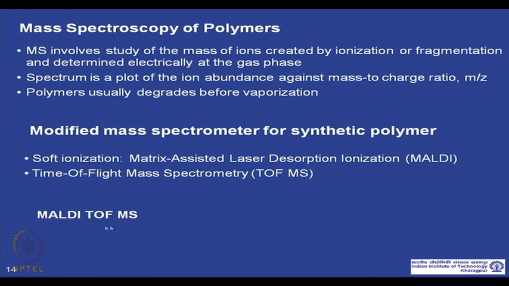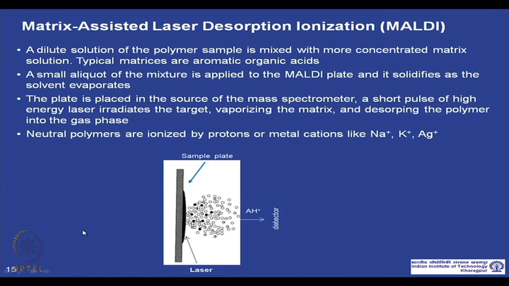So, we will discuss a little bit of MALDI-TOF now. Let us discuss MALDI, matrix assisted laser desorption ionization. In this case, a dilute solution of the polymer sample is mixed with a concentrated matrix solution, and the matrix is typically made of organic acids.